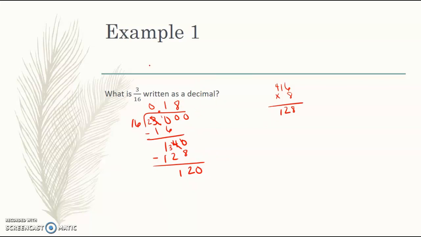And so then I'm going to ask myself, well, then how many times does 16 go into 120? Well, if 8 is 128, then I'm going to guess 7. So 16 times 7, 6 times 7 is 42. 7 times 1 is 7, plus the 4 is 11. So now I'm at 112. So that was with a 7.